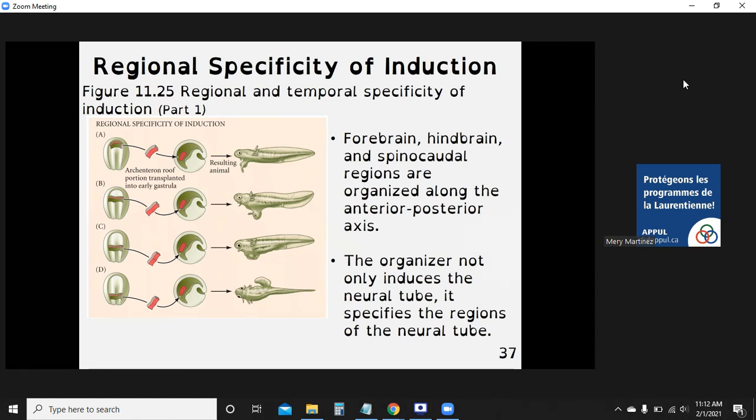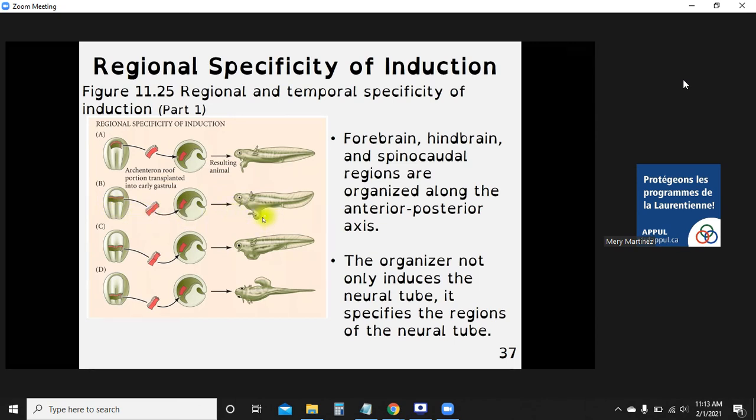Here in A, we have the most anterior portion of the archenteron roof inducing balancers, which is the oral apparatus. In B, the next most anterior portion of the roof induces the formation of head structures.